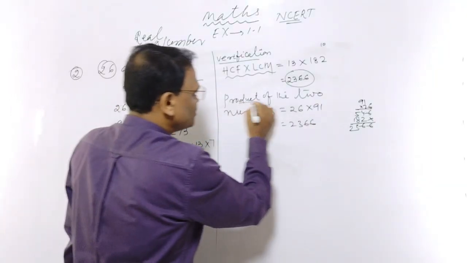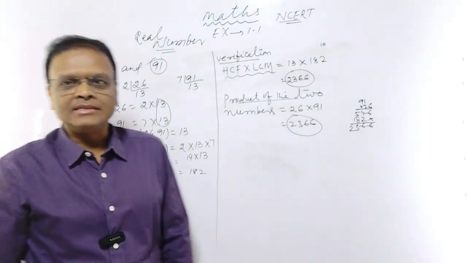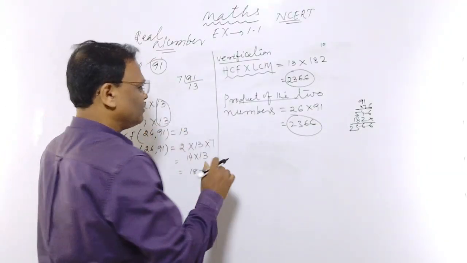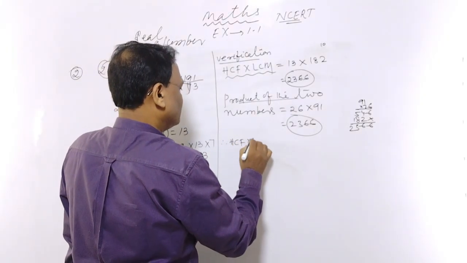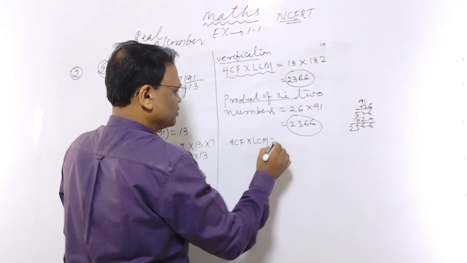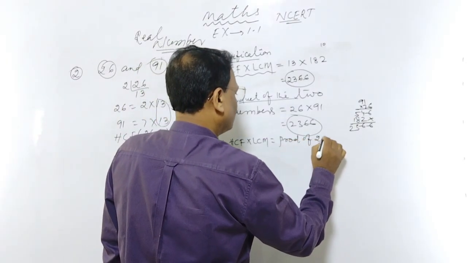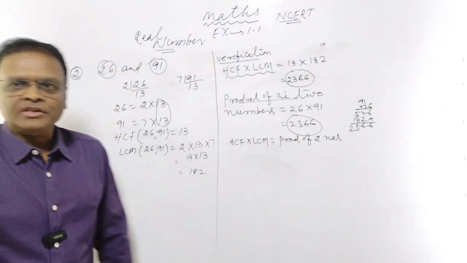Product of the two numbers, I got the same number, 2366. So my verification is over. Therefore, HCF into LCM is equal to the product of two numbers. This is the verification.